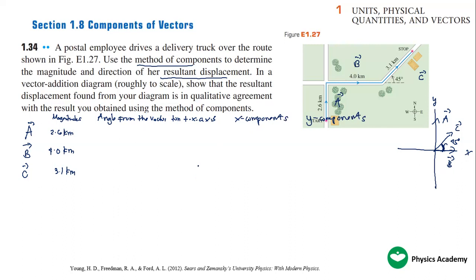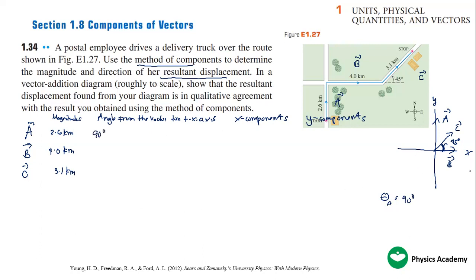From the sketch here, you can see that for vector A, our theta A from the x-axis to vector A is 90 degrees.